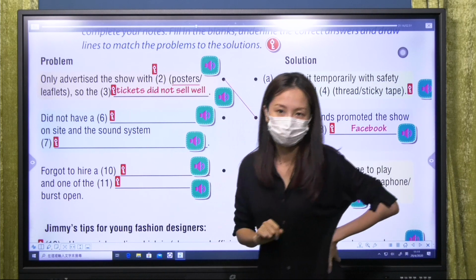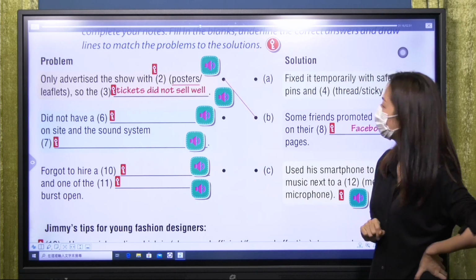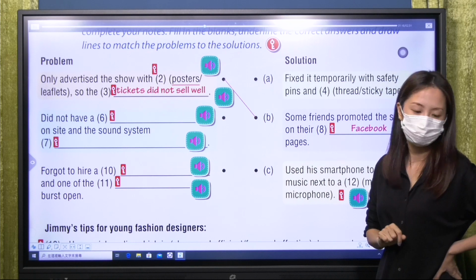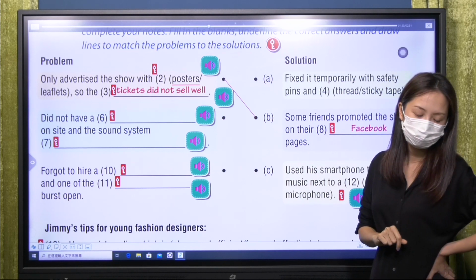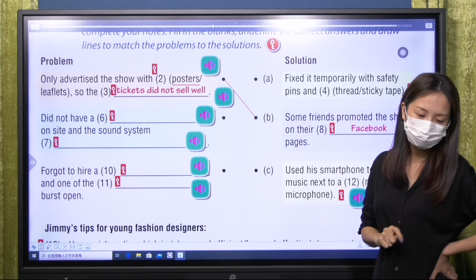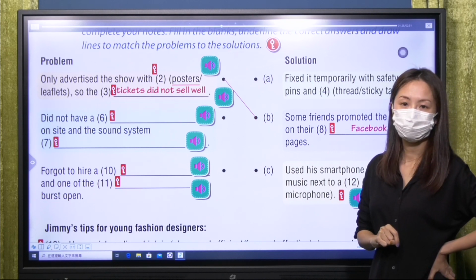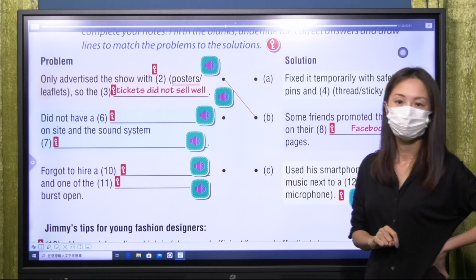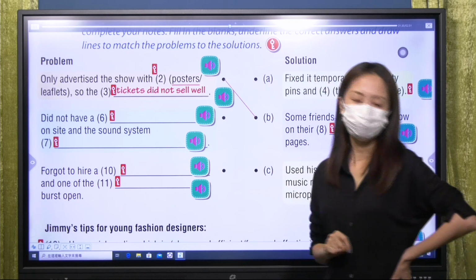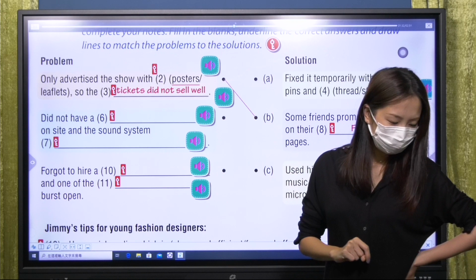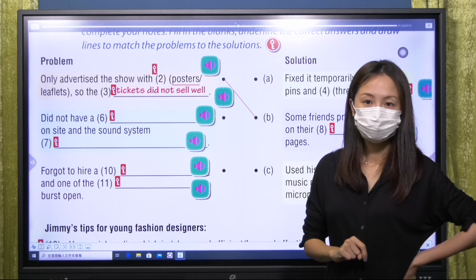A sound engineer, as in... A sound engineer sets up and controls the sound system. I didn't have one at my show.